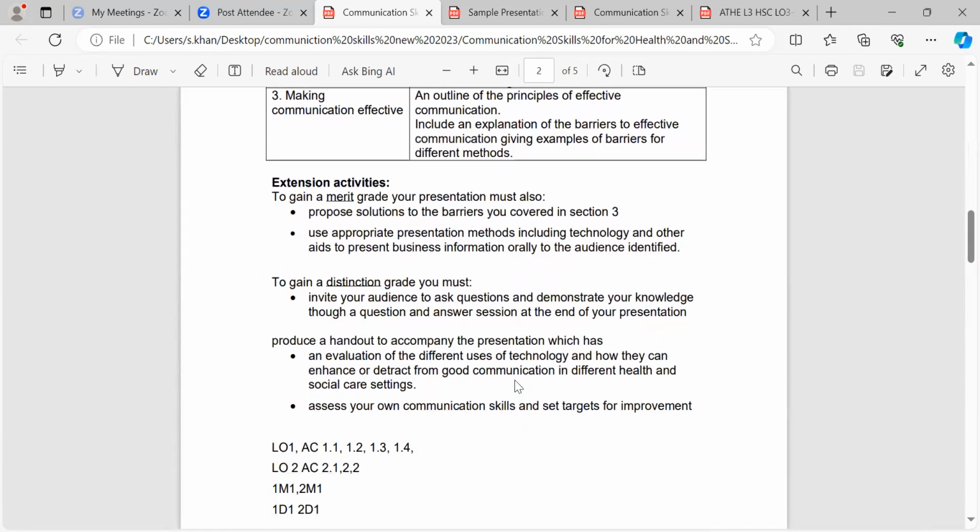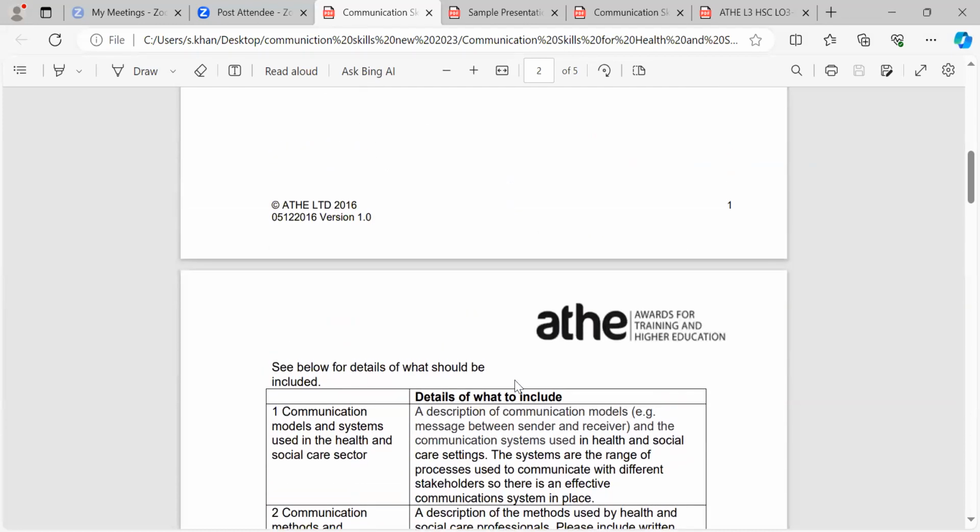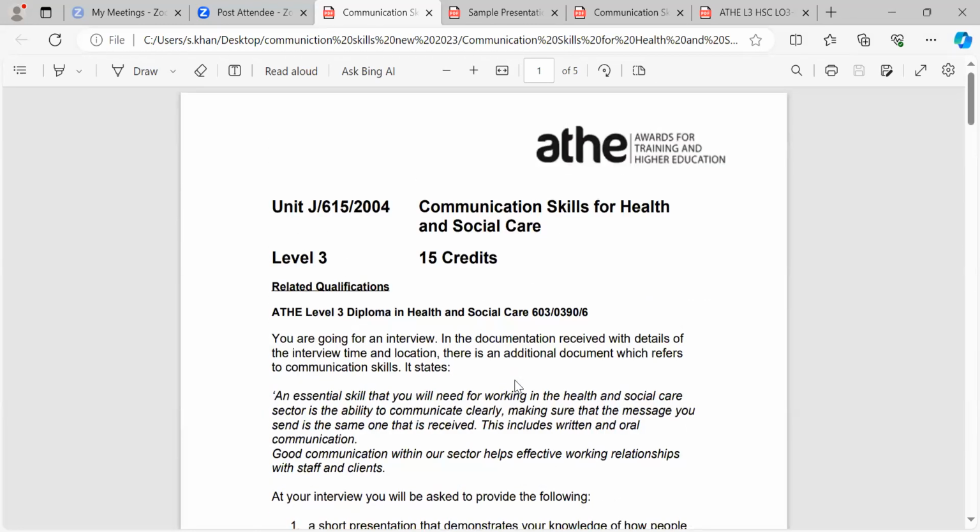So if you want to do extension activities to get a merit and distinction, you need to identify that you're doing them, okay? So if you do 1M1, you need to do a heading saying 1M1. So it needs to be clear. You need a contents page as well. Your name, your details on it, and your contents page.